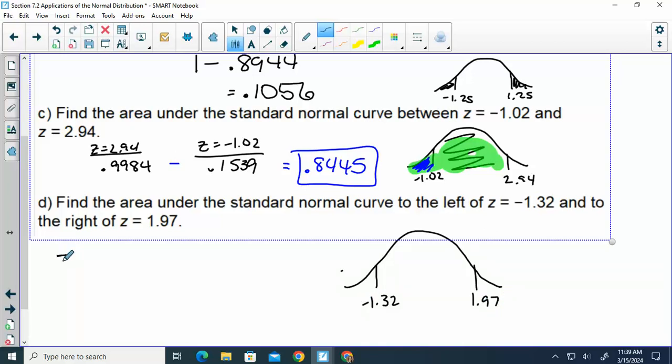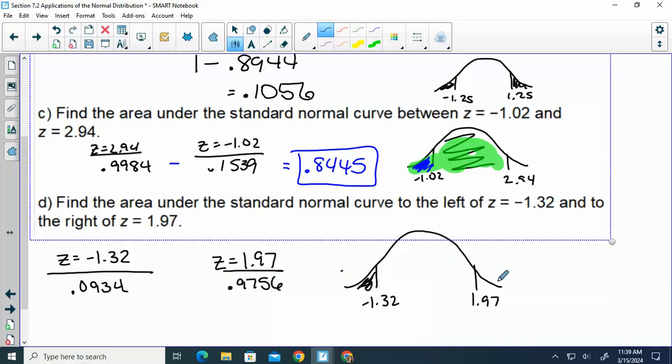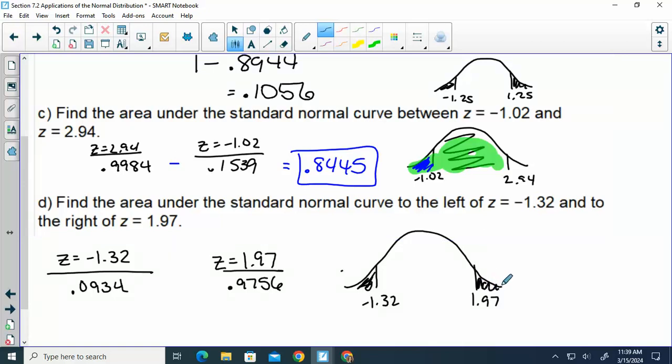Okay, so to the left of negative 1.32, that is the number given on the table, right? So if we look that up, what do we get? Okay, and then if I look up 1.97, we get, but I want the area to the right of that.